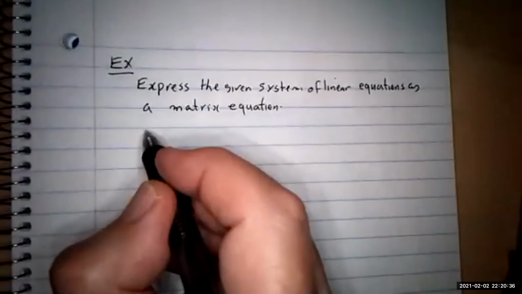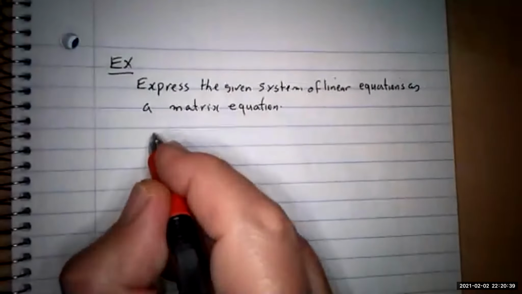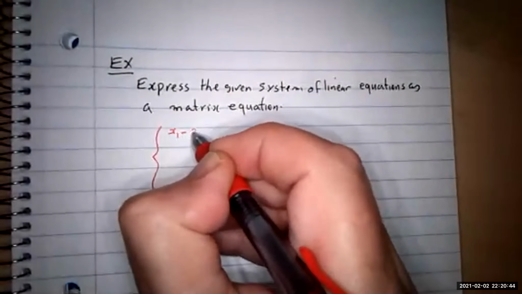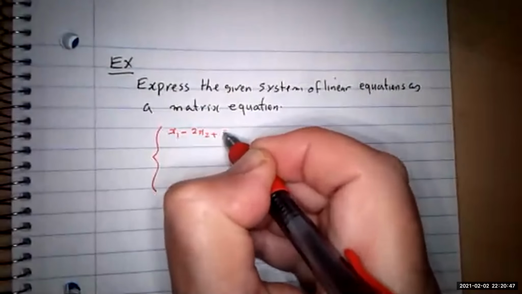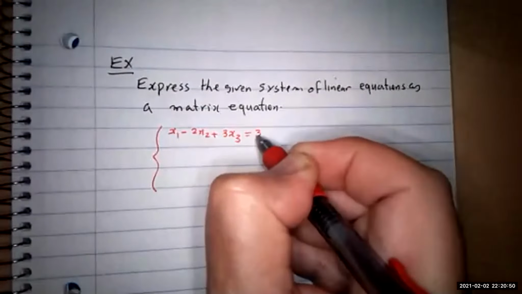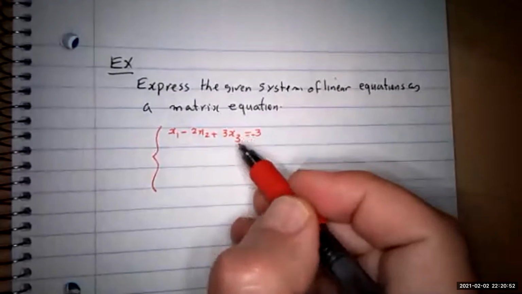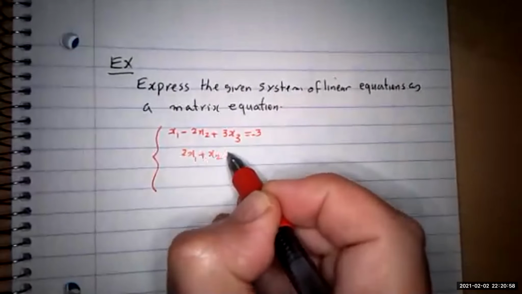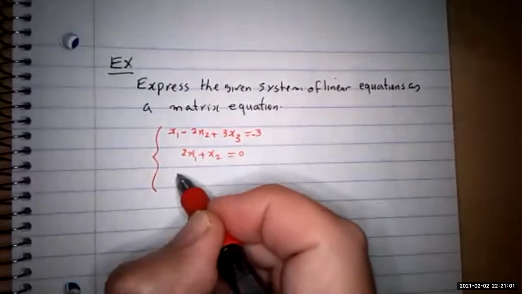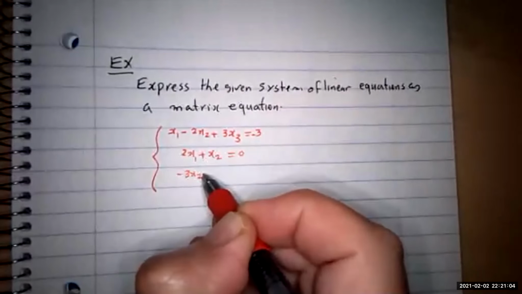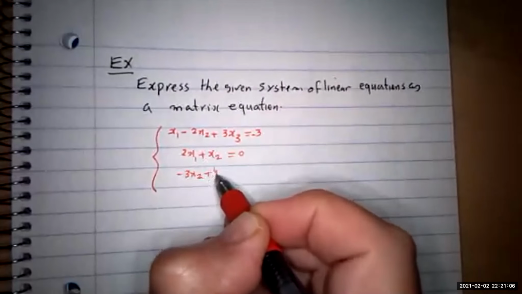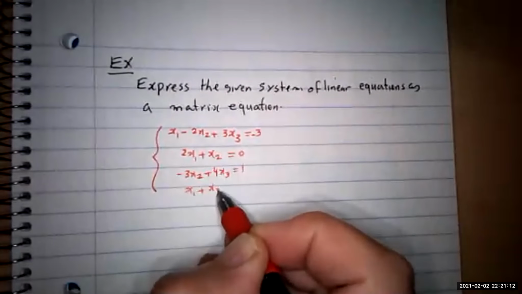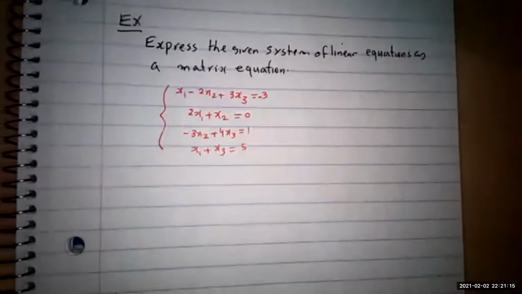So this is the system: x1 minus 2x2 plus 3x3 equal to negative 3, and 2x1 plus x2 is equal to 0, and negative 3x2 plus 4x3 equal to 1, and x1 plus x3 equal to 5.